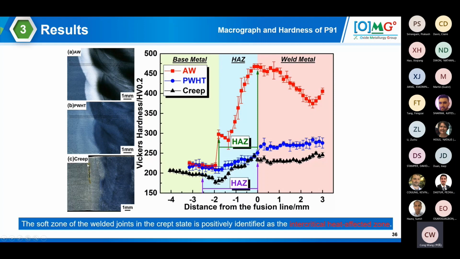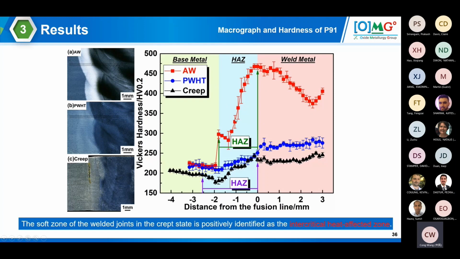And here you are seeing a very long crack, which we would say is similar to the type 4 crack. So we did the hardness testing as a function of the distance from the fusion line, which is a standard measure.